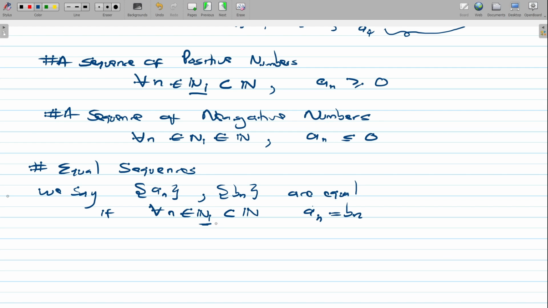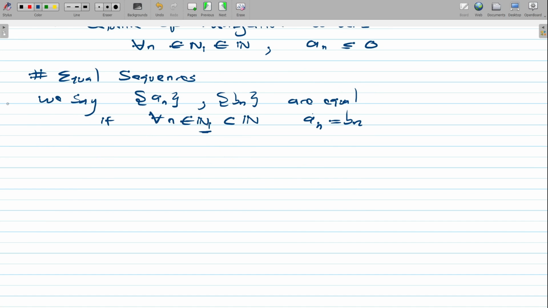Now let's talk about different ways of representing sequences. There are many ways of representing sequences. So how do we represent sequences? The first approach is that you'll be given a general term for some sequence. Let's say s sub n is equal to 1 divided by n, for n in the set n star.